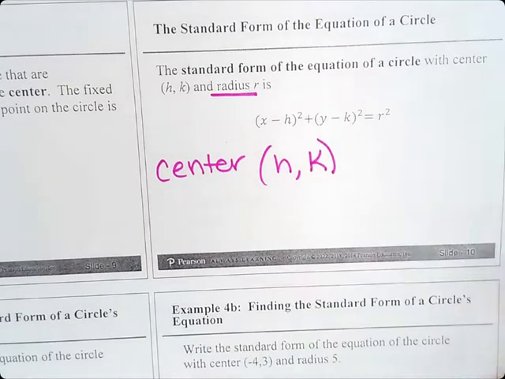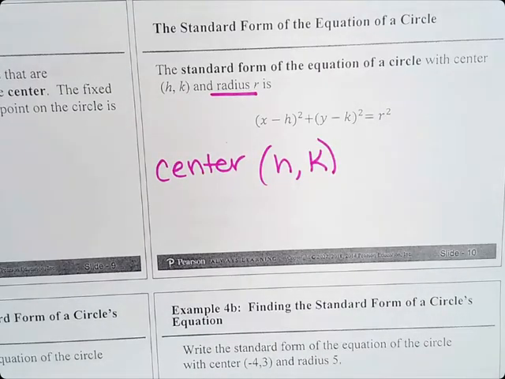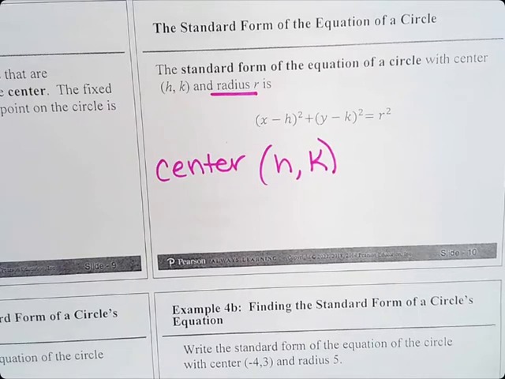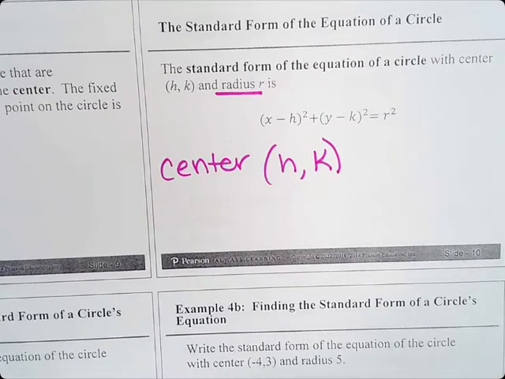And then this is your r. So when you graph it, you can plot the center and then go up however many units for your radius, left and right, and then down, and then you're able to make your circle. So we're going to do that when we're graphing on the next page.